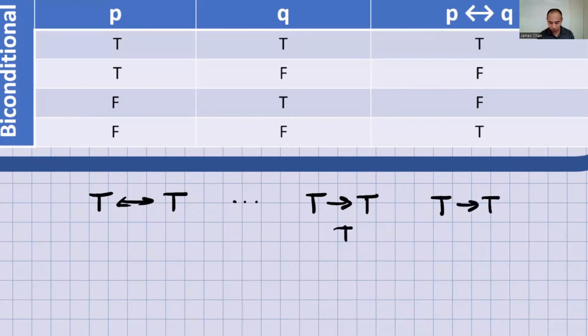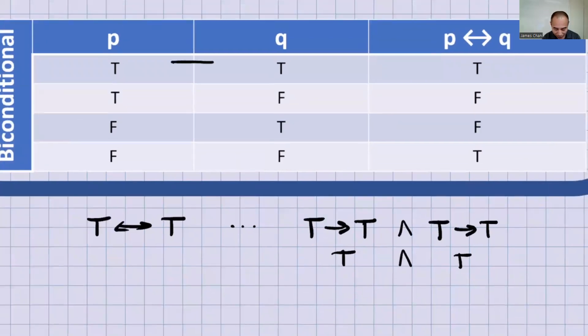Well, this is true and this is true. So what's true and true? True. So I have to go in this direction and in this direction. If I look at the conditional, it's both true. And if I conjunction them, that still comes out to be true.